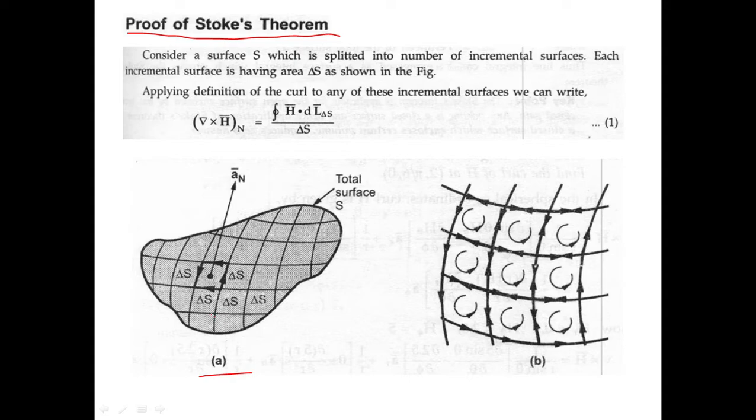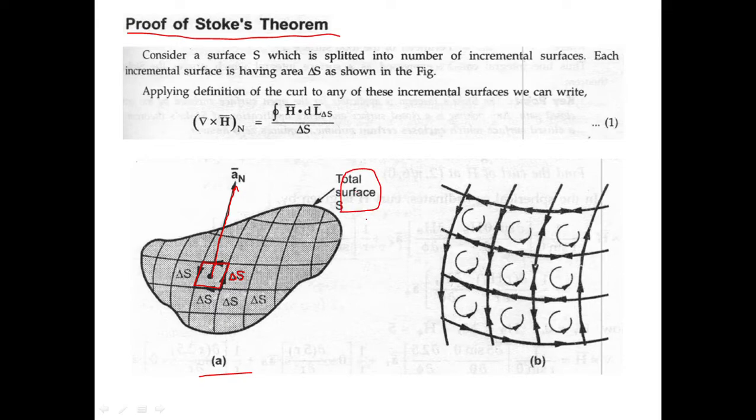Consider any closed surface and divide that into many differential surfaces. I'll take one such differential surface here. For this surface, the normal direction, the perpendicular direction, is AN, and all the surfaces here are equally distributed, and the surface area of each one is delta S. When you add all delta S, you will get the total surface area.